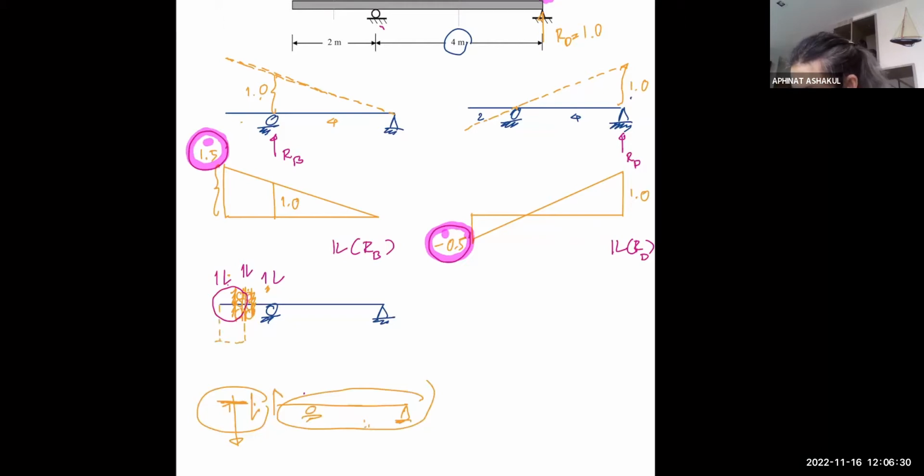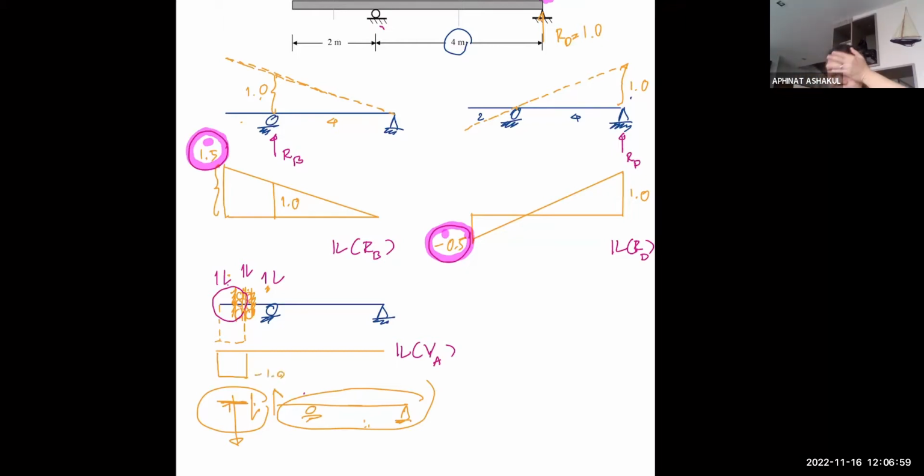So the shape of the influence line is just this. That's the influence line of VA. All right, so how's your imagination now? And now you know the shape, of course, the magnitude will be easy because it has to be -1.